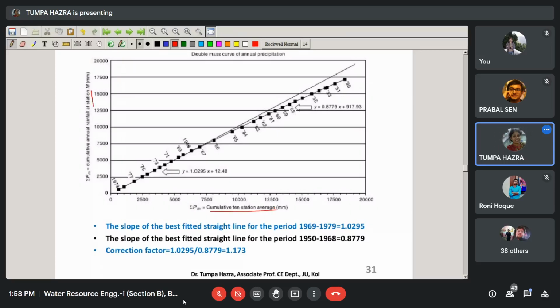And obviously, as I told you, you have to plot it on ordinary graph sheet and you have to write the scale.